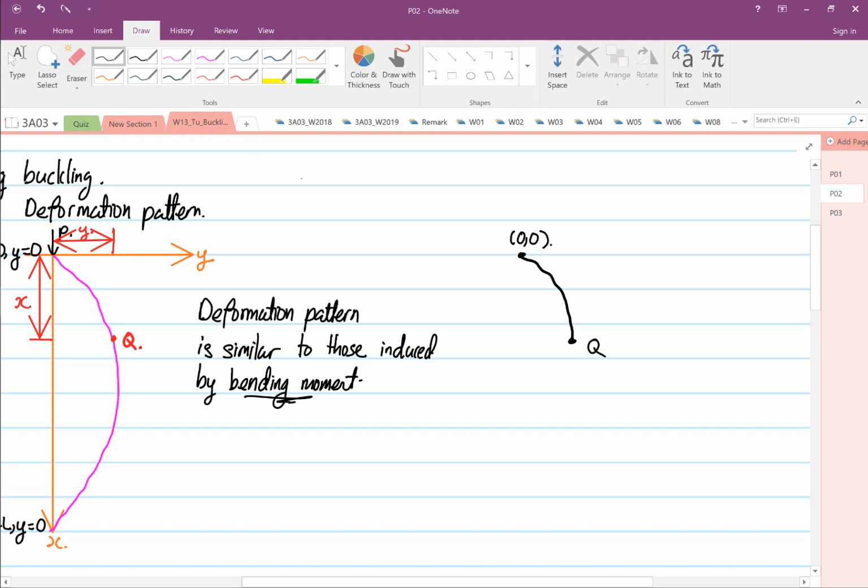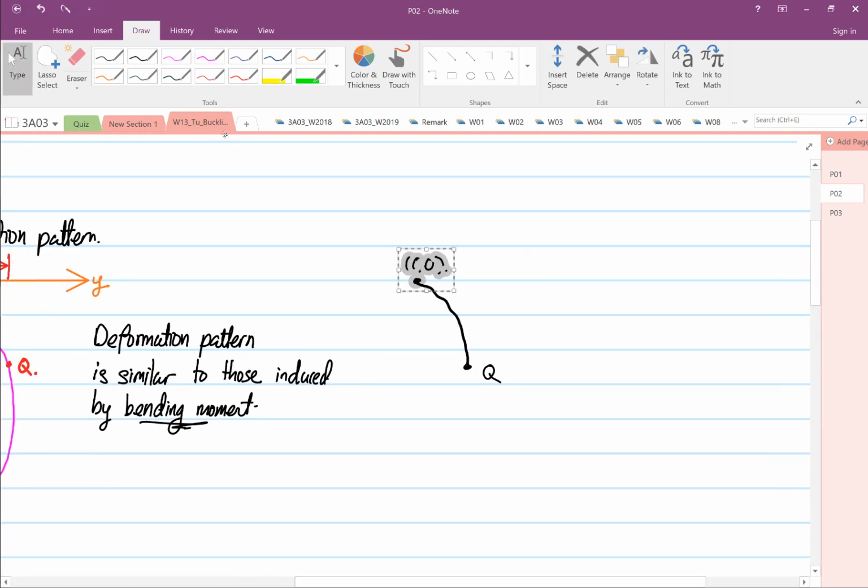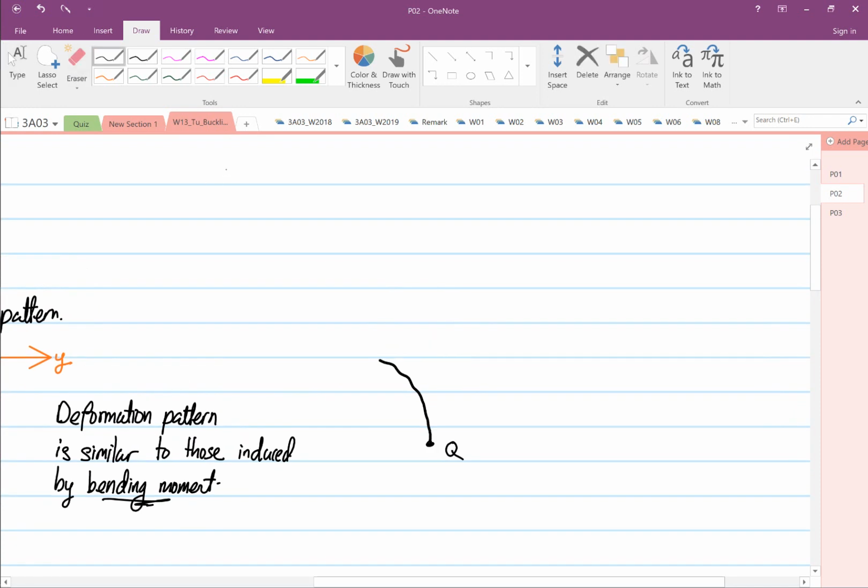At the 0, 0 point, you still have the load coming down here.